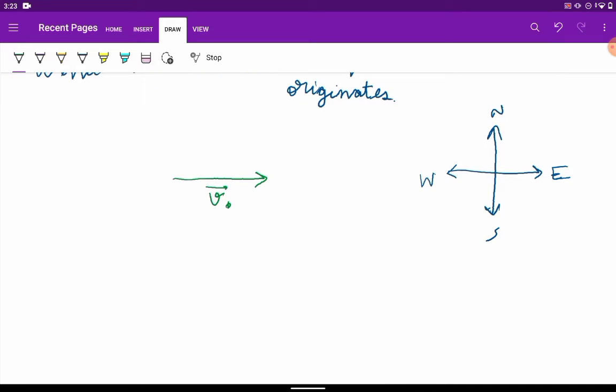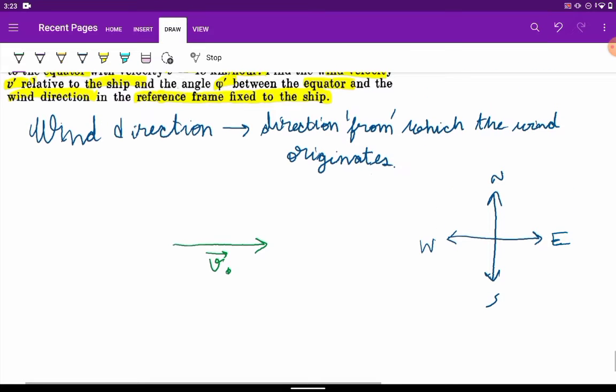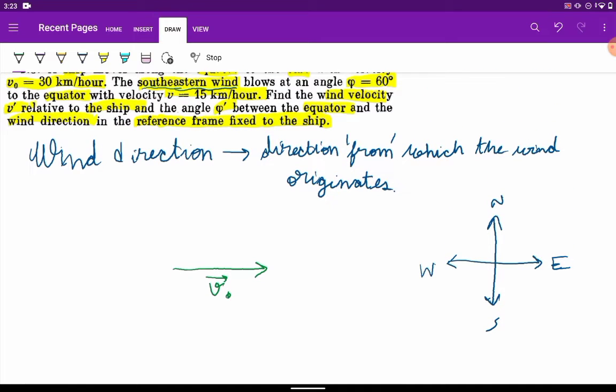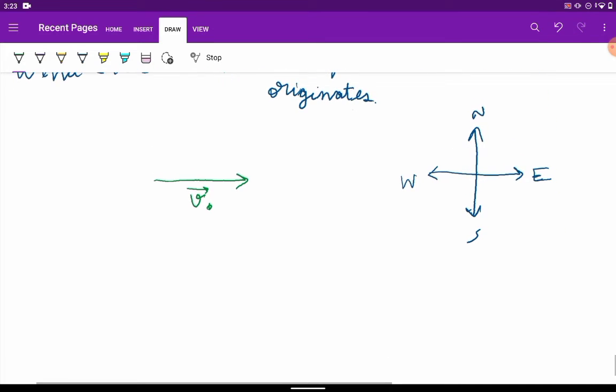Since this is a vector, now the wind is a southeastern wind. It originates somewhere here in the southeastern direction. In general, let's not worry about the equator for now. That is immaterial because we are just considering the direction.